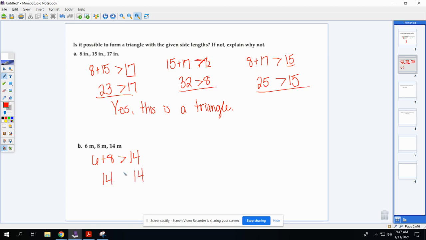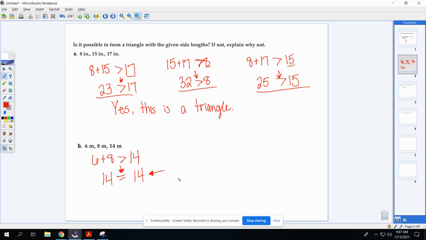And what do we know about 14 and 14? Well, 14 is not greater than 14, but 14 is equal to 14. Remember, we had to show that they were all greater than the third side. Here, they are not greater. They are equal.